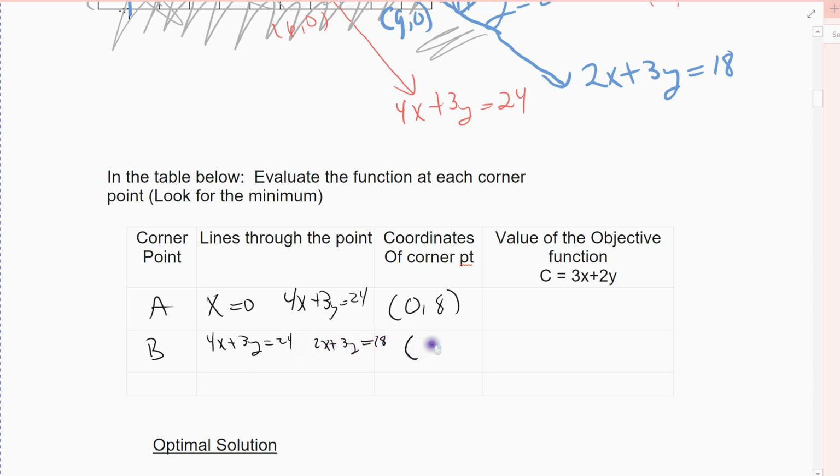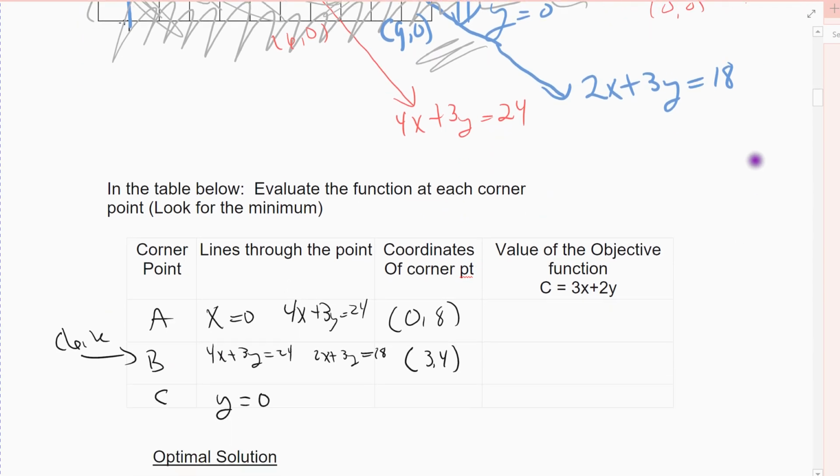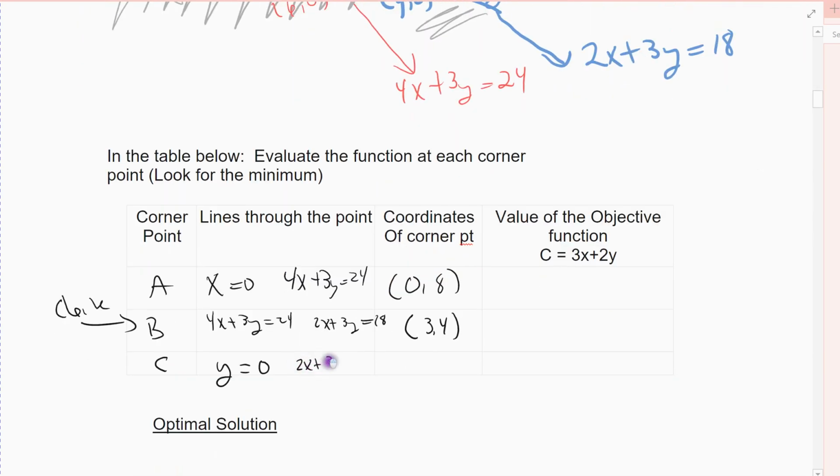And it came out, my guess, right now this is a guess, but I do need to check this. I'm going to do that in a little bit. C was again one that I used to graph it, so I don't have to check it. It went through the y equals 0 and then the blue line, 2x plus 3y equals 18, and was the point 9, 0.